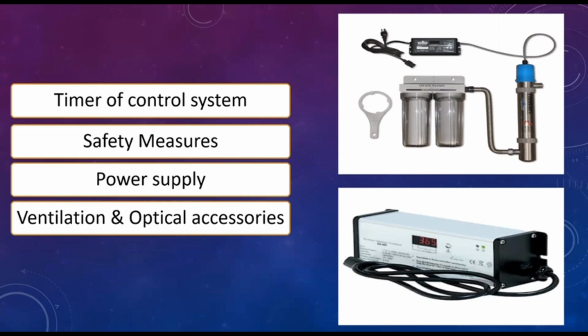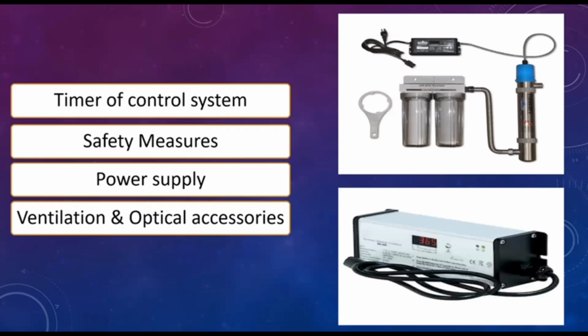UVC light can be harmful to human health, so it is important to include safety measures. Safety goggles and protective clothes should be worn when using the UV chamber to shield the eyes and skin from the radiation. Additionally, interlock sensors should be installed to automatically turn off the UV light if the chamber is opened during operation.